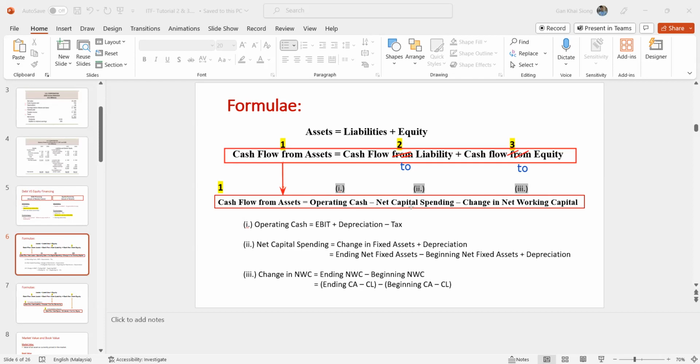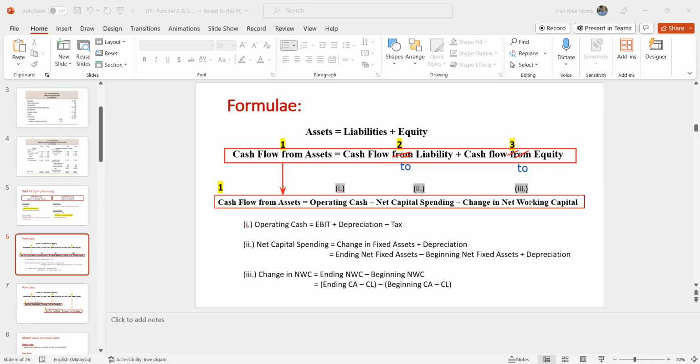So we use the cash that we have on hand, minus any net capital spending, and then minus any change in net working capital. What is net working capital? Working capital is the money that we use to pay for our day-to-day expenses, which we learned in the previous class, right? Remember we said that when we look into working capital, we use current assets minus current liabilities, because we want to see how much current assets we have to pay back our current liabilities.